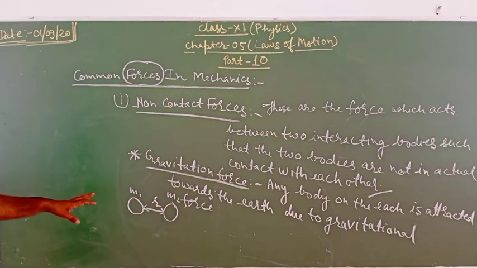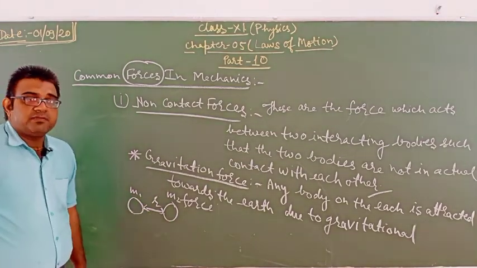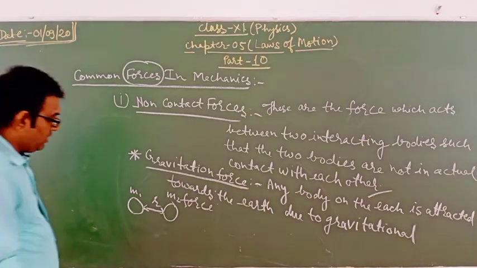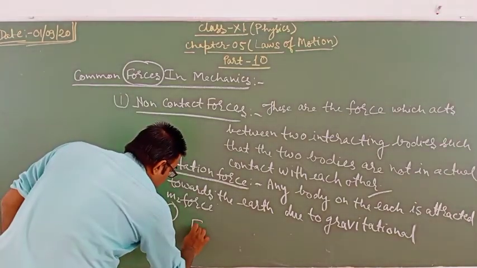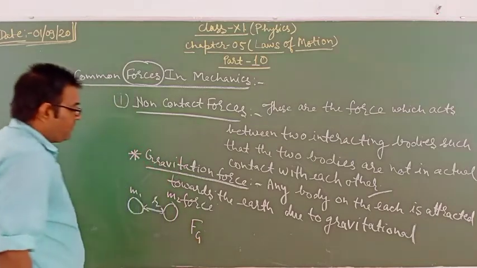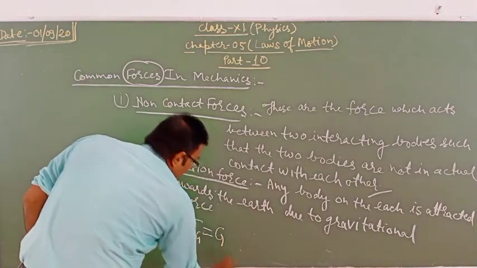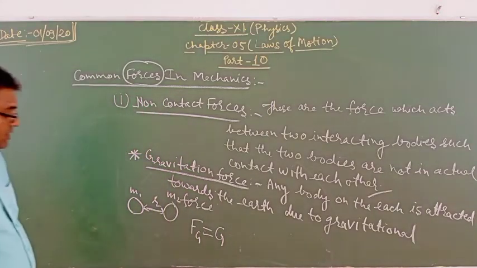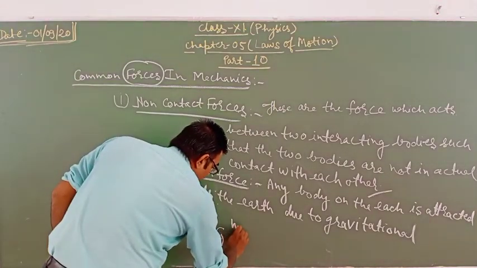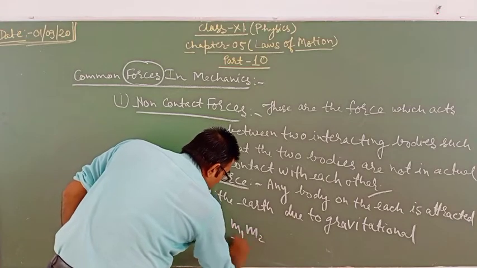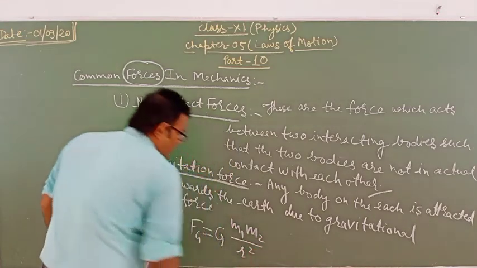In spite of this, there is a force of attraction between m1 and m2, the gravitational force of attraction, given by F is equal to G m1 m2 upon r square, where G is the gravitational constant.